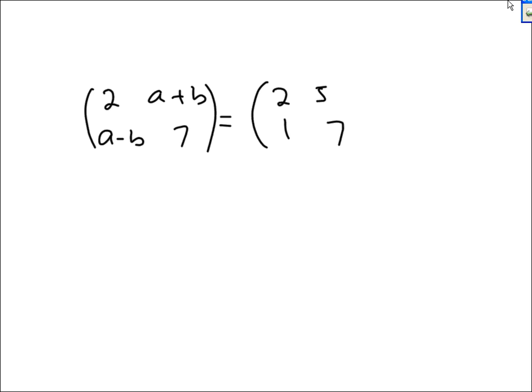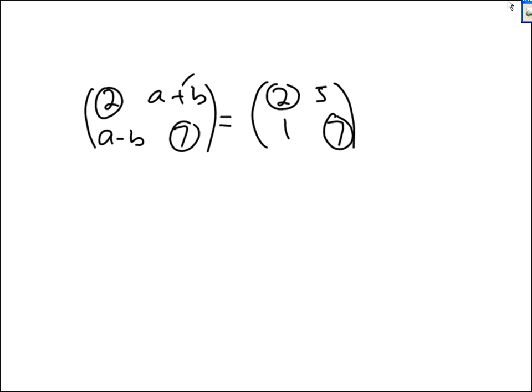Suppose you have the matrix with entries 2, a plus b, a minus b, 7, and this is equal to the matrix 2, 7, 5, 1. Well, the 1,1 positions are the same, and the 2,2 positions are the same.